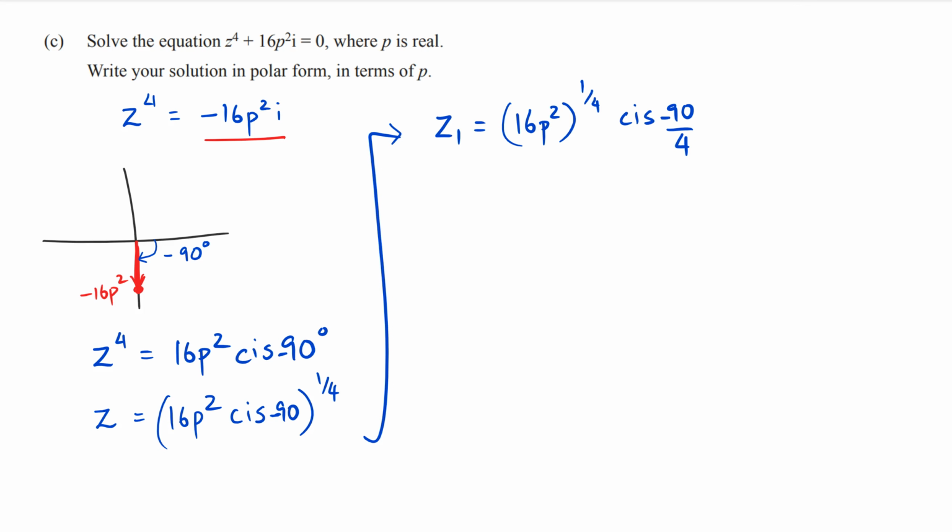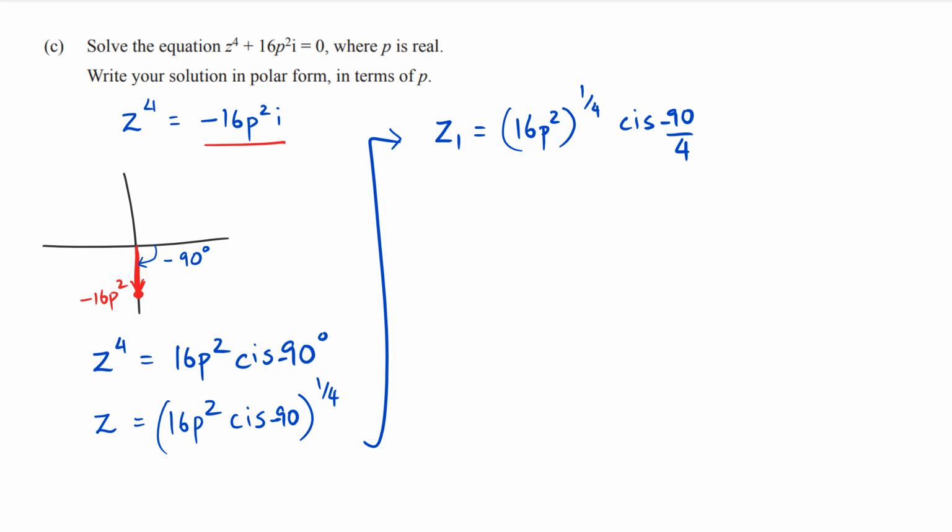Minus 90 over 4. So then we can say that Z1 is equal to 16 to the power of quarter is 2, and then p squared times, I'll just do that one extra step there so you guys can see what's happening. So I'm going to get 16 to the power of quarter, p to the power of 2 times quarter, cis negative 90 over 4 is negative 22.5 degrees.